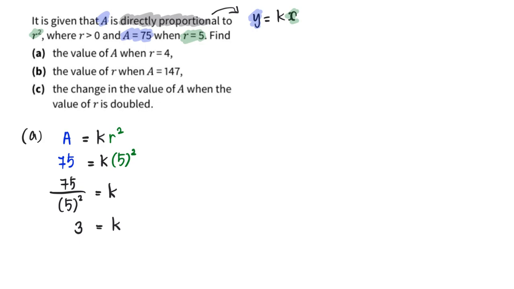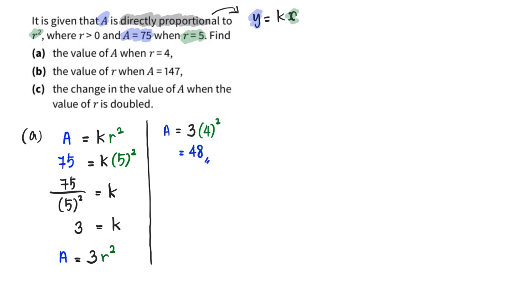So I will then be able to get my general equation relating a to r squared. Okay, and with that, I will be able to find the value of a when r is 4. So my a will be equals to 48.